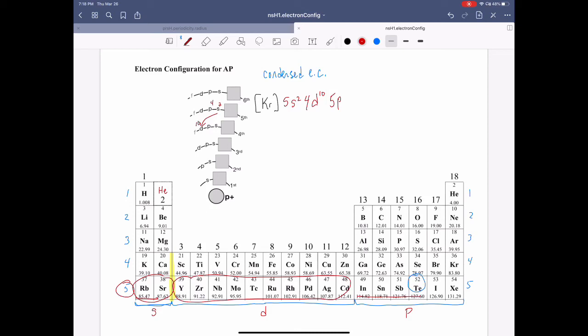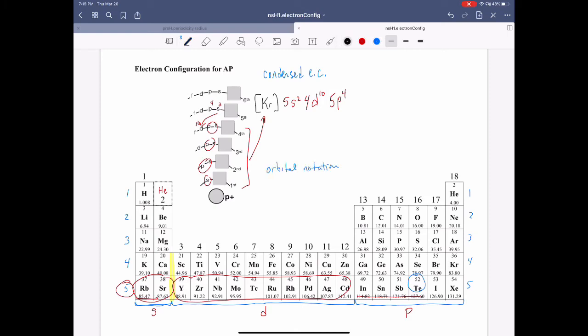There'd be 10, of course, down here in the d. These, of course, would all be filled with the appropriate number of electrons, represented by krypton. So 5p4. Now's a good time to talk about something known as orbital notation.